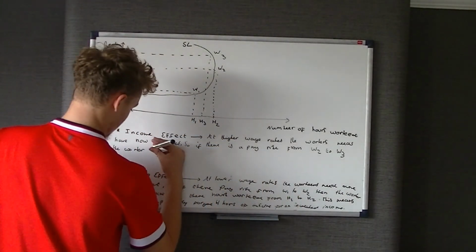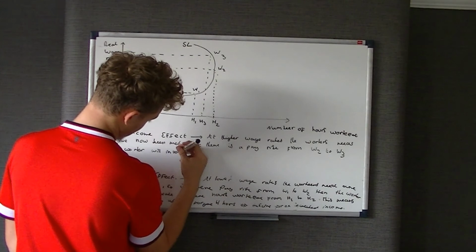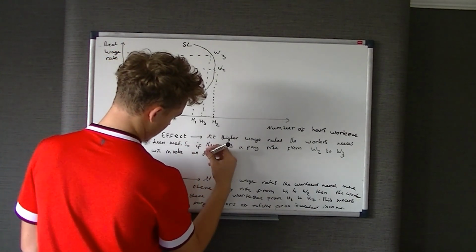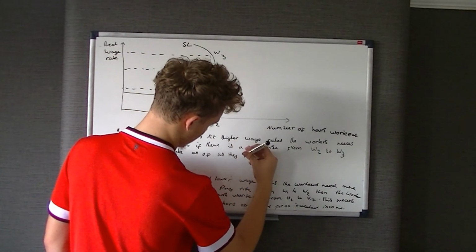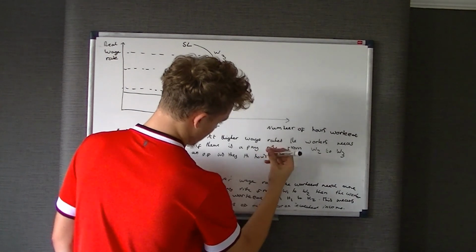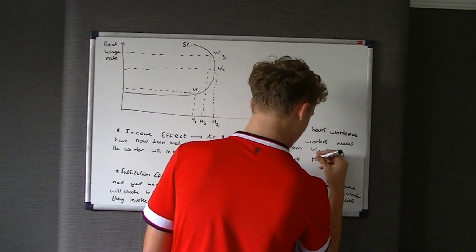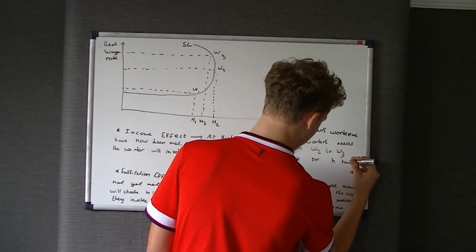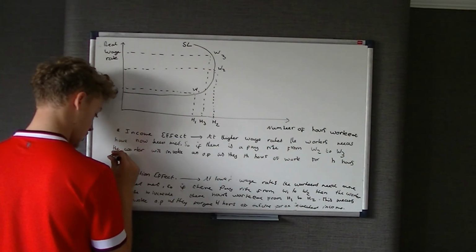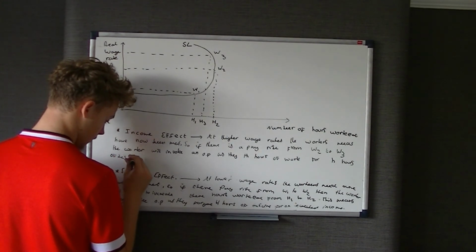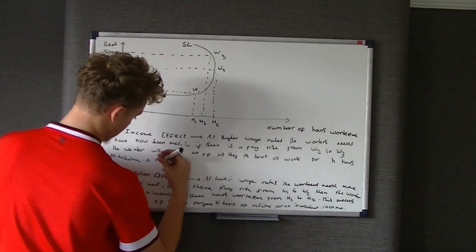So the worker will invoke, again, an opportunity cost, but this time it's the other way around, as they will trade H hours of work for H hours of leisure. And H, again, is just a number, I should mention that before, H hours of leisure, as they will still have the same income.